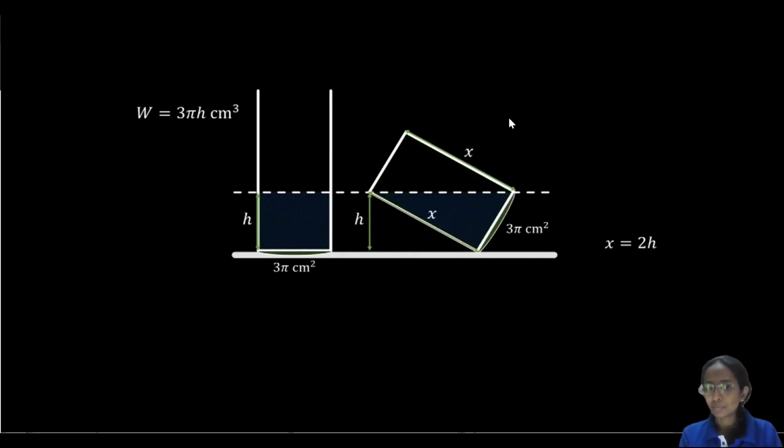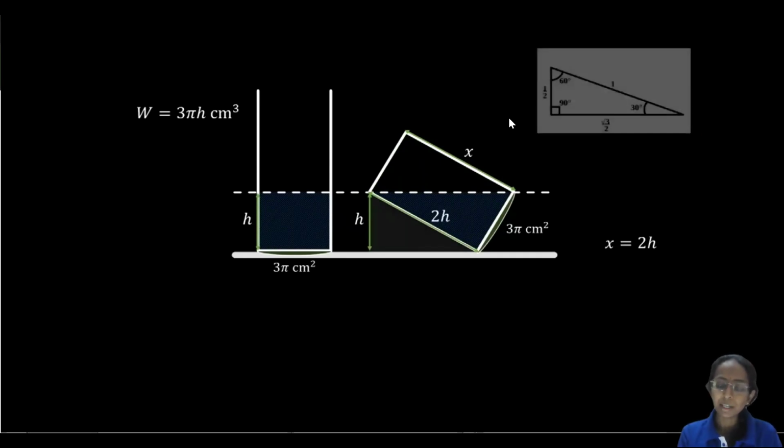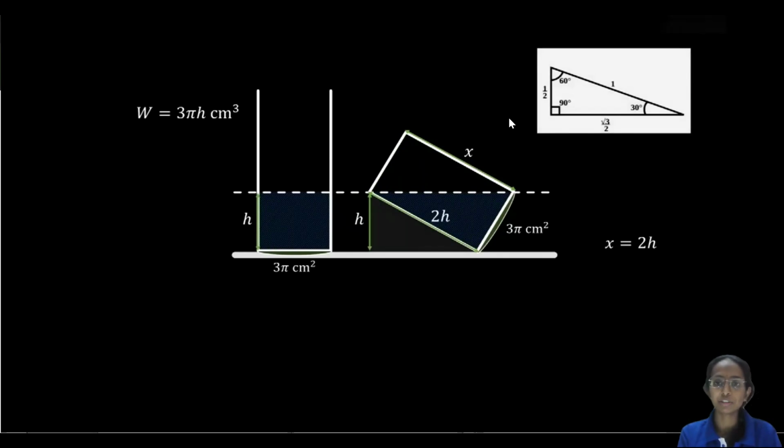So there is a right triangle formed with perpendicular h and hypotenuse x, which equals 2h. By trigonometry, when the perpendicular is half of the hypotenuse, the triangle is a 30, 60, 90 triangle. That means the angle of inclination is 30 degrees.